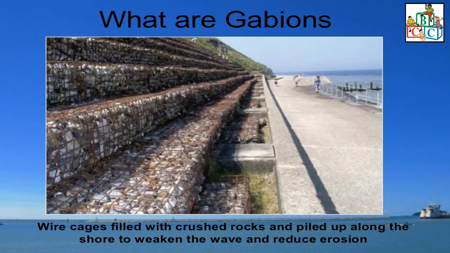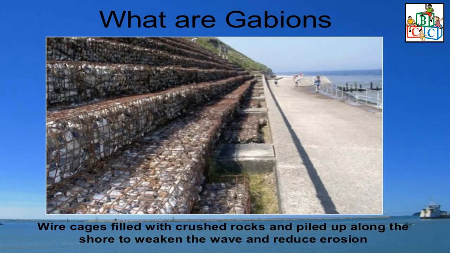So now take a look at this picture. You see not only rocks. How are the rocks over here? They are filled in wire, in sort of wire cages. So these are called gabions: wire cages filled with crushed rocks and piled up along the shore.